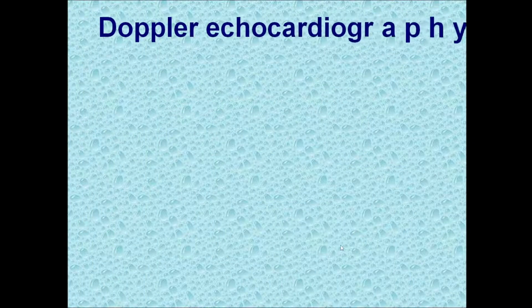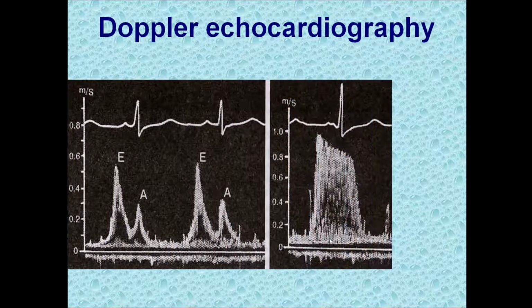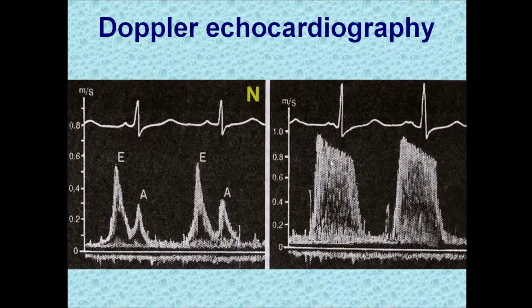Doppler echocardiography shows the direction of blood, and if we see a pathological peak in the diastolic period, presystolic, it indicates the diastolic murmur which is heard on auscultation.